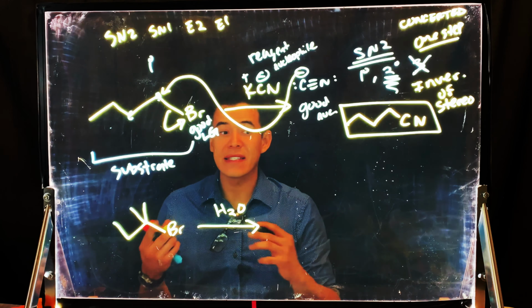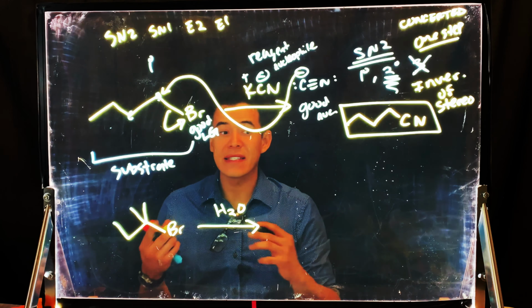So if I put over here to the side, SN1, it would prefer to have tertiary. It can do secondary, again I'll put a squiggle, and it will not do primary. So what do we have here? We have a carbon with how many neighbors? 1, 2, and 3. This is going to give us a tertiary.